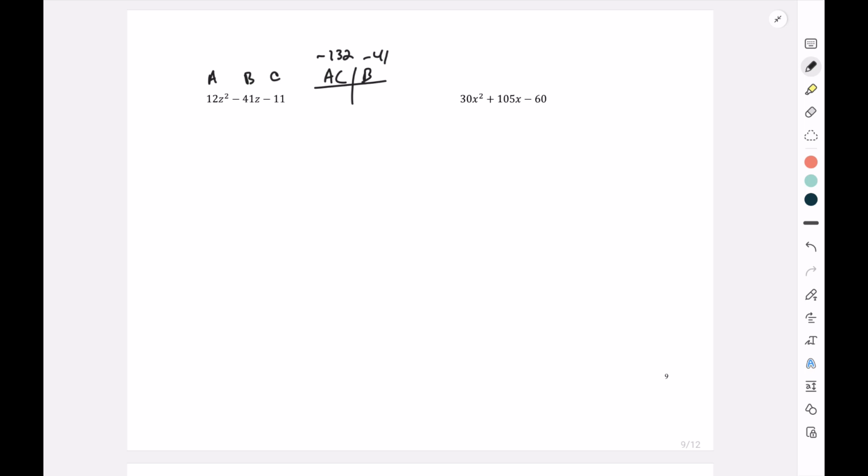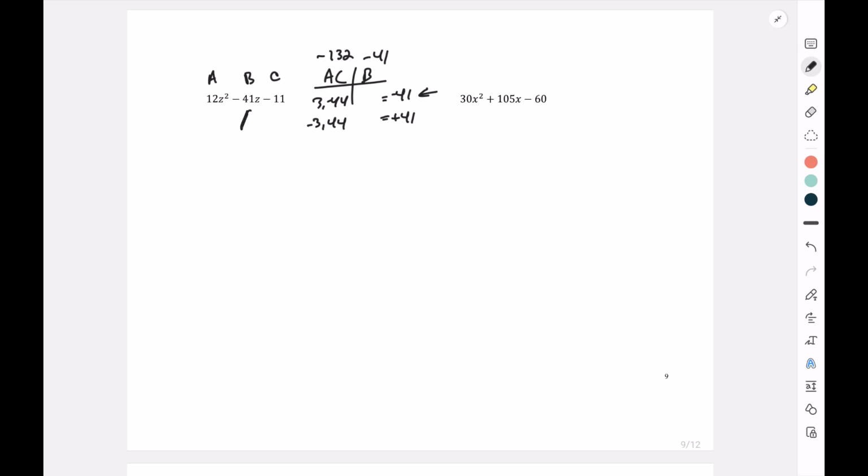Since we want our factors to subtract to negative 41, we could look at a positive 3 and a negative 44, or a negative 3 and a positive 44. When the top one is subtracted, we would get a negative 41, but the bottom gives a positive 41. Since we want the top one, that's what we're going to use.